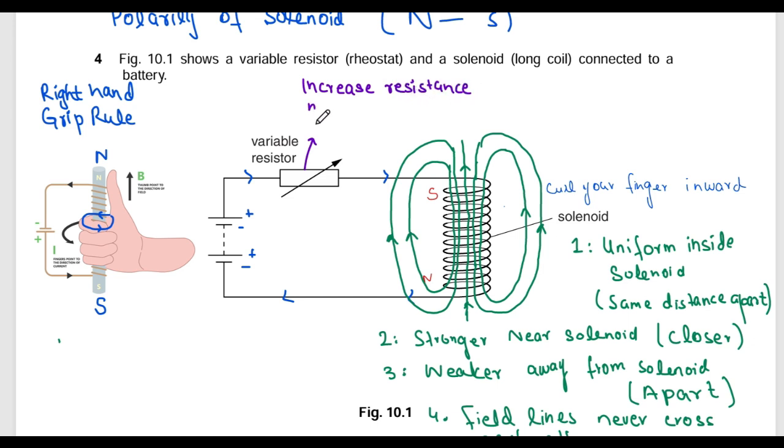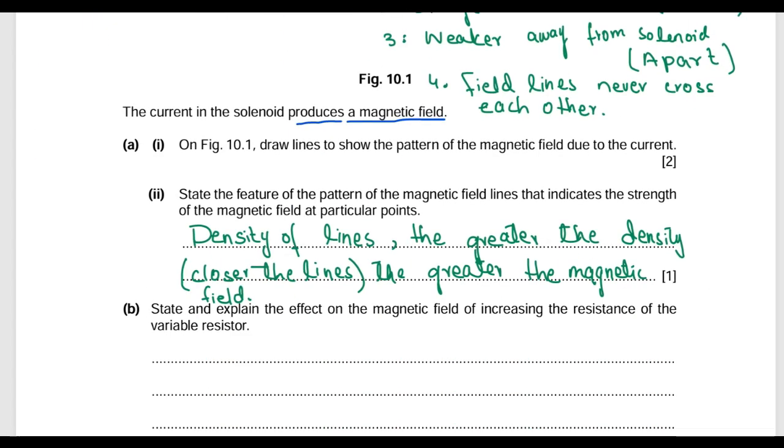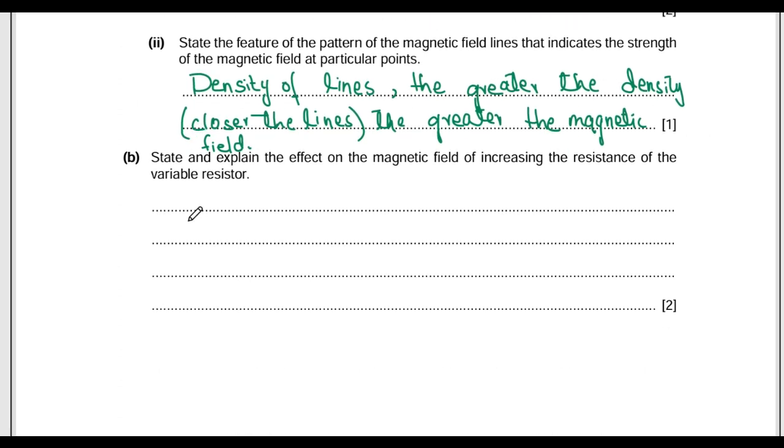So increasing the resistance will reduce the current flow, and if the current is reduced, it is obvious that the magnetic field strength would also be weakened.